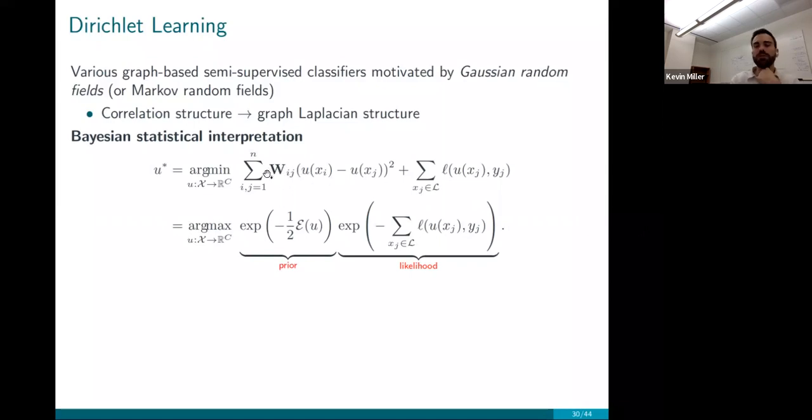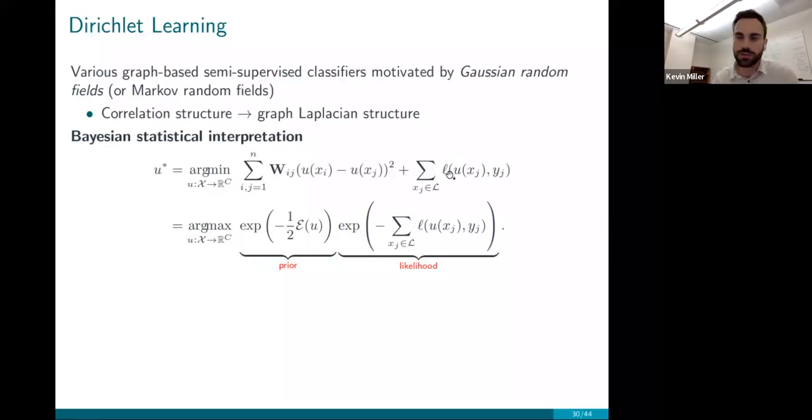For example, here I'm showing an objective function corresponding to a graph-based semi-supervised learning model that's related to the harmonic functions, the Laplace learning model I mentioned. But now instead of hard constraints at the labeled points, I've encapsulated it here in this fidelity term, a loss function, where the loss function L is like your usual empirical risk loss in supervised learning.